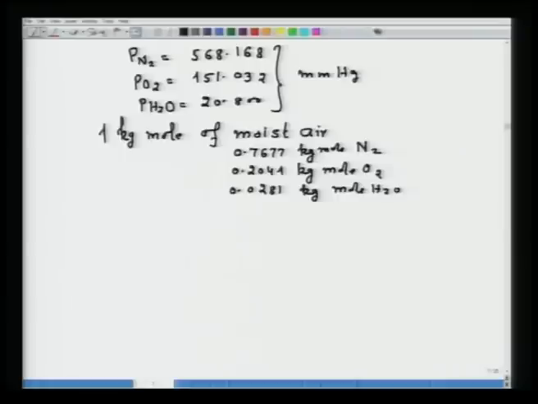Of course, this should become 1. If you round off, I am seeing that it is not becoming equal to 1. Somewhere round off it will become equal to 1, that does not matter.